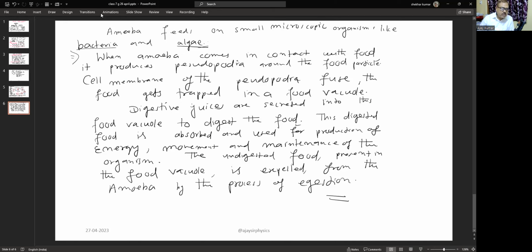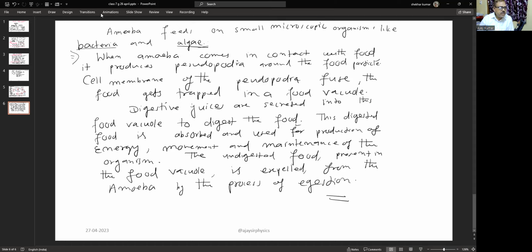So nutrition is the process of taking food and utilizing it for the requirement of energy and some functions of the parts, as well as to maintain the body parts.